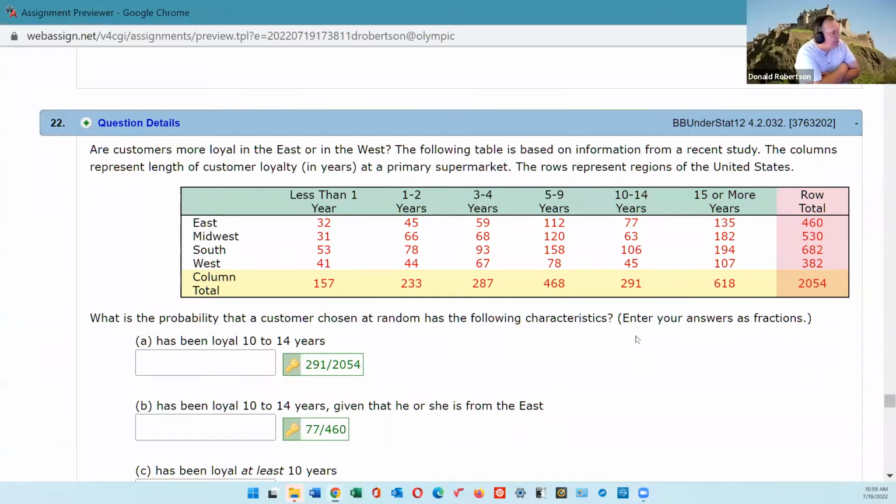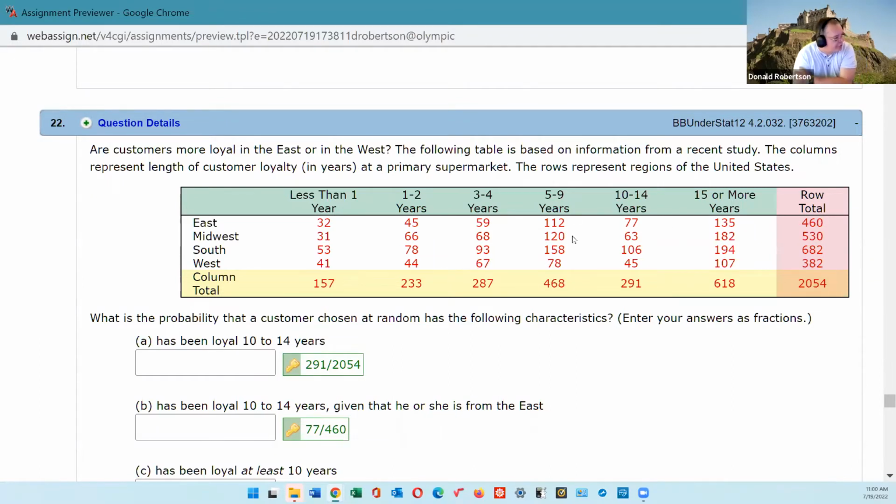Here we have a whole set of tables, but basically the country, America, has been split into the East, the Midwest, the South and the West. Are customers more loyal in the East or in the West? The following table is based on information from a recent survey, and the columns represent the length of customers' loyalty in years at a primary supermarket, and the rows represent the regions.